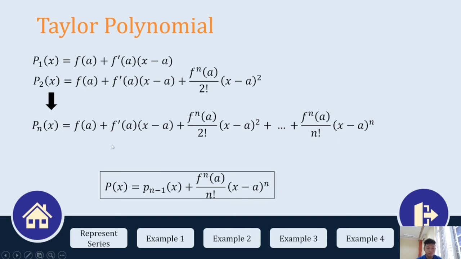And we can assume that P_n of x equals P_(n minus 1) of x plus f^(n)(a) over n factorial times (x minus a) to the power of n.